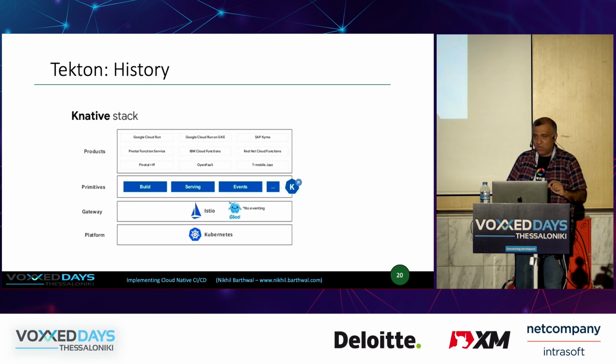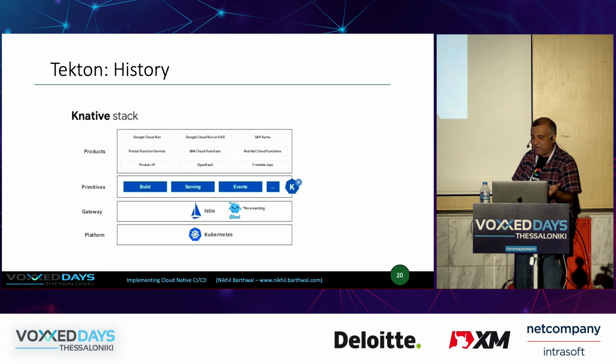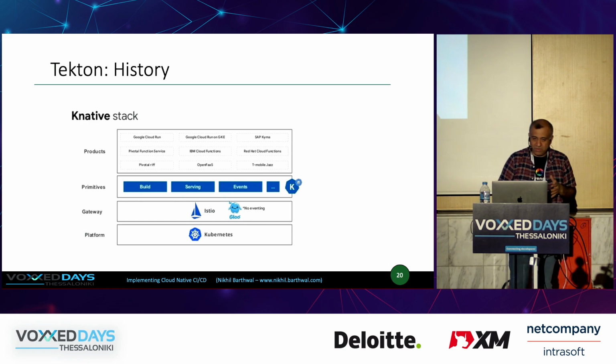Now, what happened was that at the time, there weren't good cloud native solutions. So people started using build in its rudimentary form as a cloud native CI/CD tool, right?